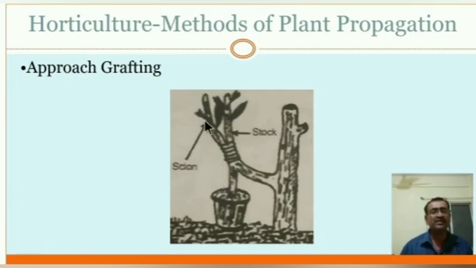Here this is the part of the scion, and this is actually the stalk. The branch of the stalk can be joined to the scion, and in approach grafting, both stalk and scion are alive.